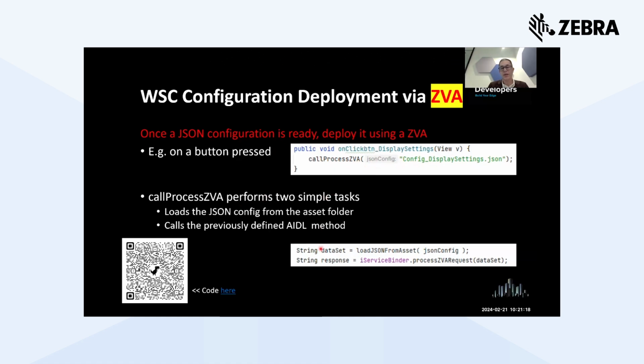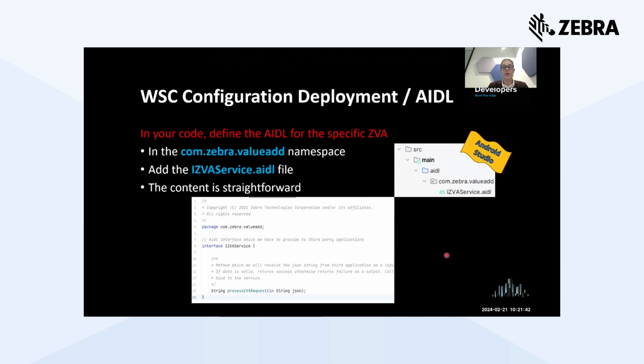And this is really doing two actions. The first one is loading the configuration from a file. I'll show you more now with the code in Android Studio. And then binding and calling the process ZVA request with the data just loaded. We'll see in a moment how this interface is done.